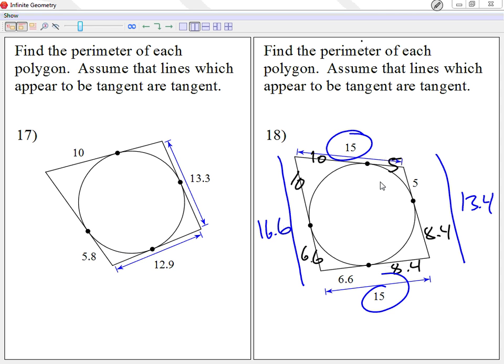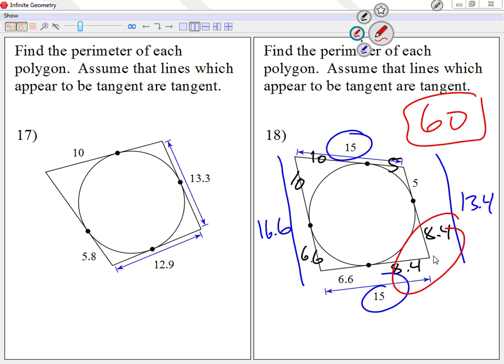This is 16, 17, 60. My focus here, you notice these two are the same, 8.4, 8.4. Now in this other corner, 6.6 with 6.6, 10 with 10, 5 with 5, and then obviously add everything.